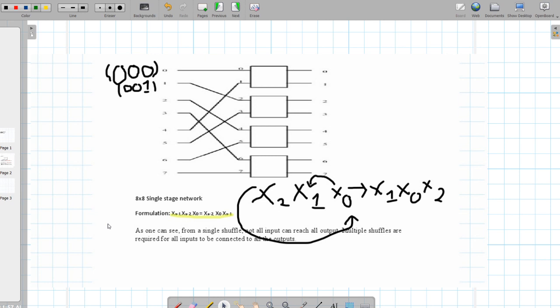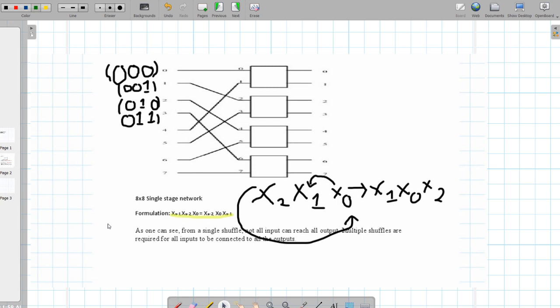The address of the third processor is 2, so its binary representation is 0, 1, 0. The address of the fourth processor is 3, so its binary representation is 0, 1, 1.